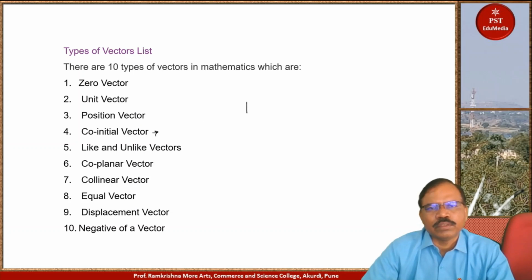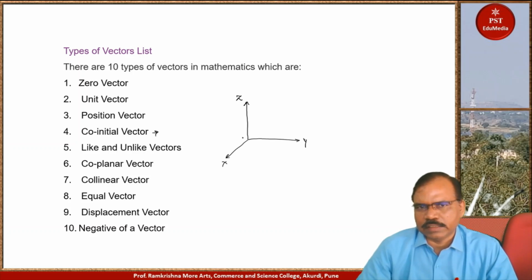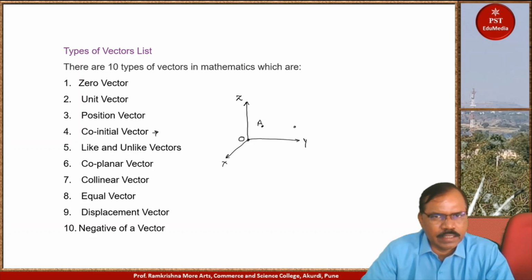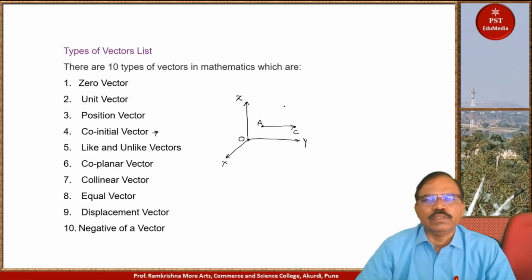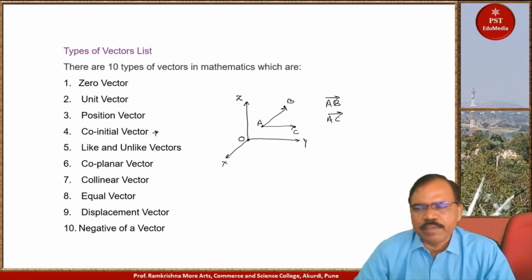Suppose we have x, y and z axes, a three-dimensional Cartesian coordinate system, and O is the reference point or origin. Suppose there is a position A. Then we have two vectors: I can take a position C and a position B, so we have vector AB and vector AC.